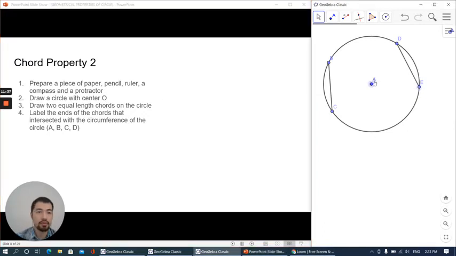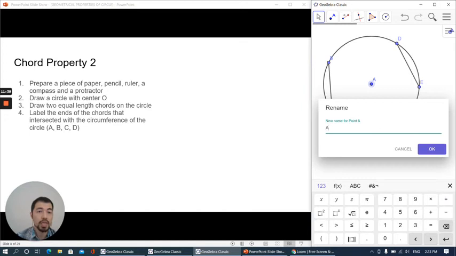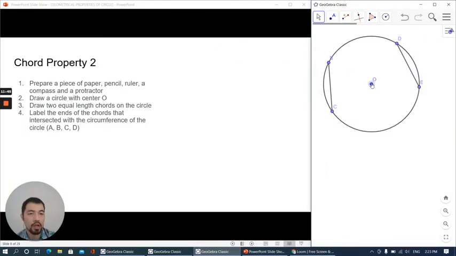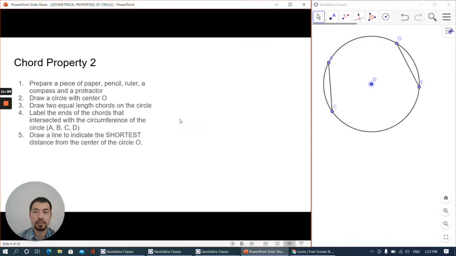It's always good to put labels on your points, and the circle usually we call it center O. So this one is chord BC, this one is chord DE. Now we want to draw a line to indicate the shortest distance from the center of the circle O.